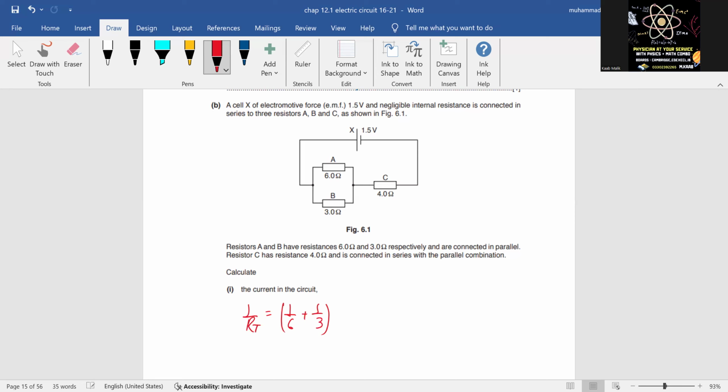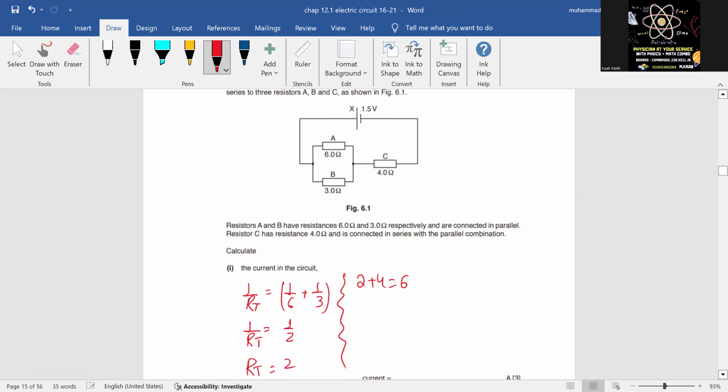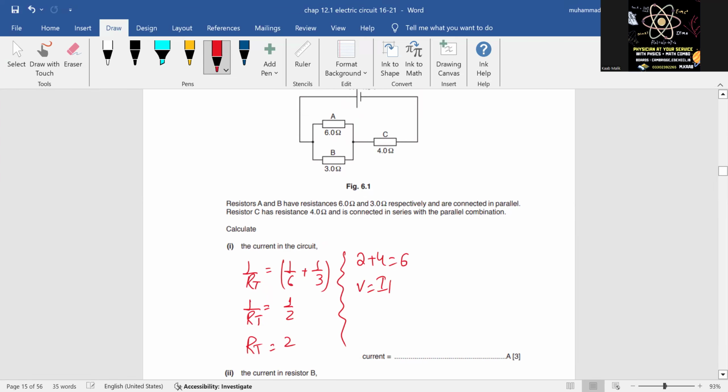So 1/6 plus 2/6 gives 3/6, which is 1/2, so the parallel resistance is 2 ohms. For the whole circuit, 2 plus 4 gives 6, so 6 ohms is the total resistance. V equals IR, so voltage is 1.5 and R is 6, so the current is 0.25 A.